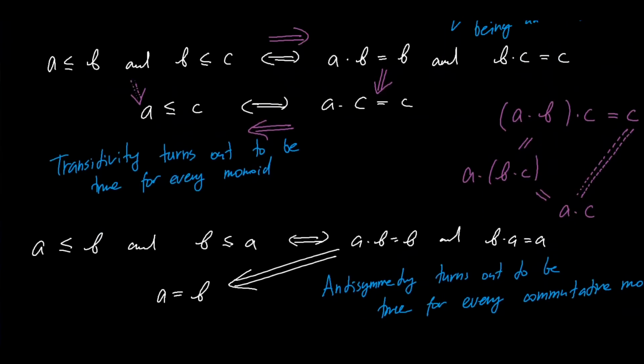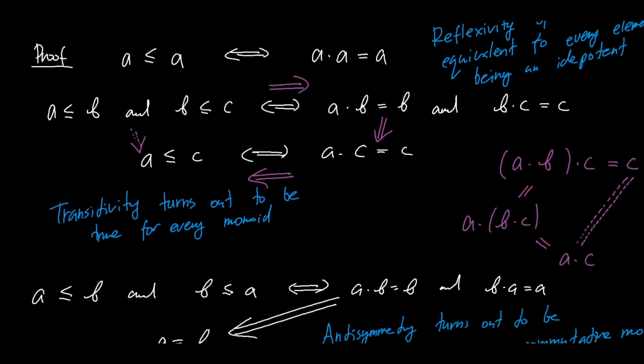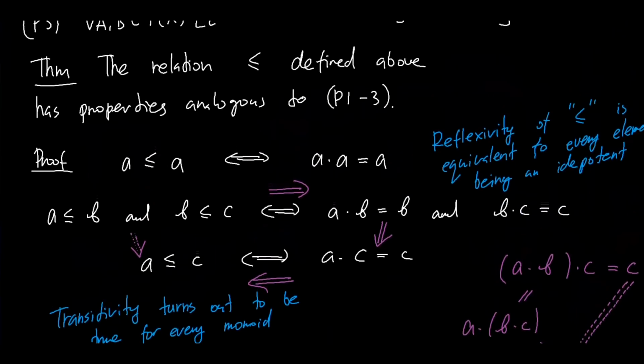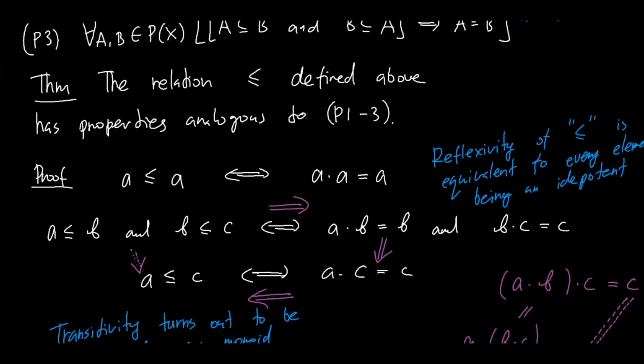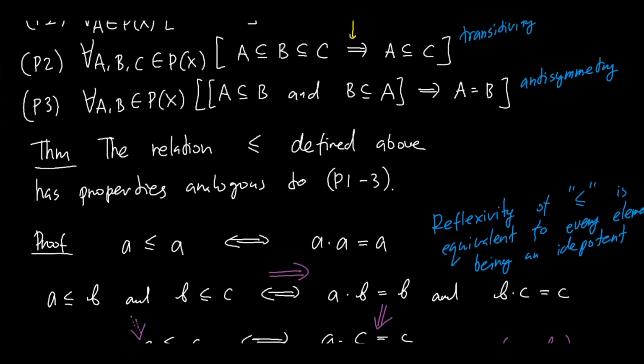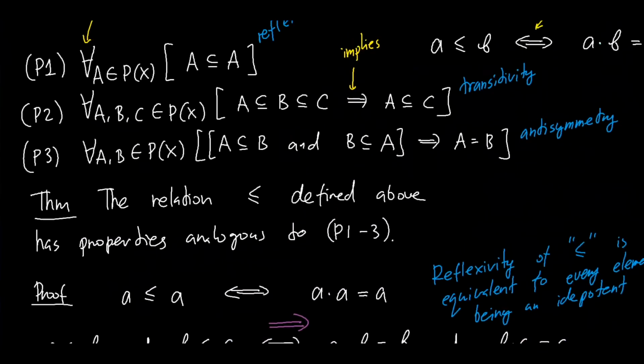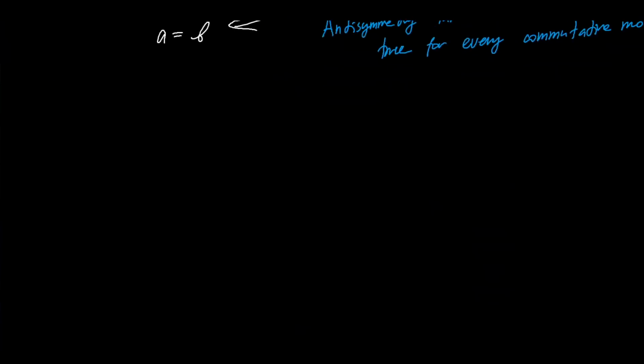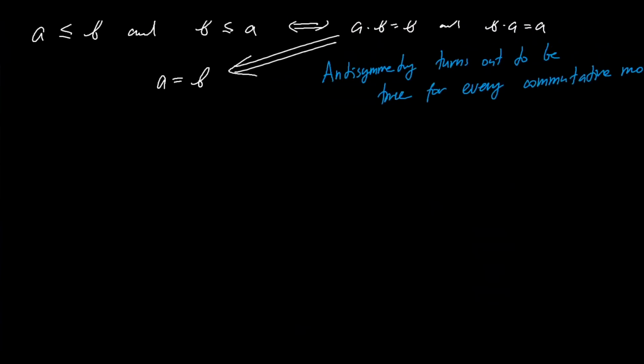Now, the reason why we prove this theorem is because these three properties of a binary relation, reflexivity, transitivity, and anti-symmetry, they define another mathematical structure, which is called a partially ordered set.